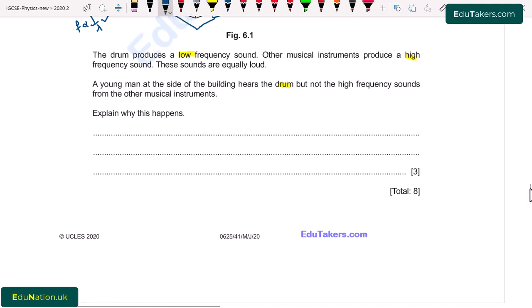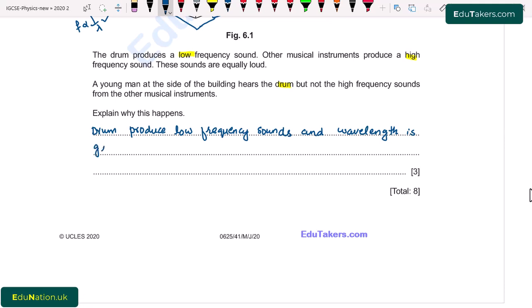Drum produces low frequency sound, and wavelength is greater as compared to high frequency sound.